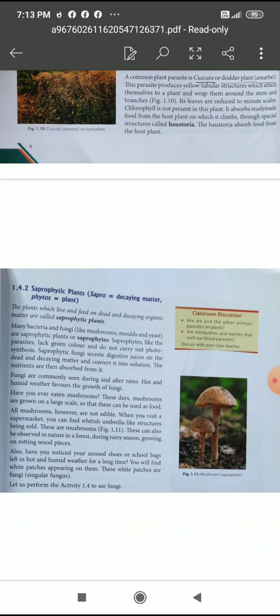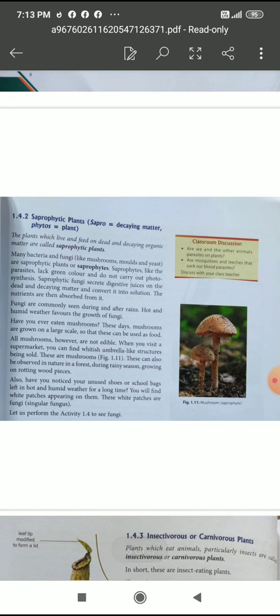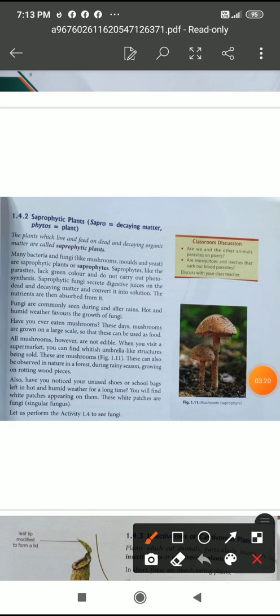Then saprophytic plants. Sapro means decaying matter and phyto means plant. So what is the meaning of saprophytic plants? The plants which live and feed on dead and decaying organic matter are called saprophytic plants.